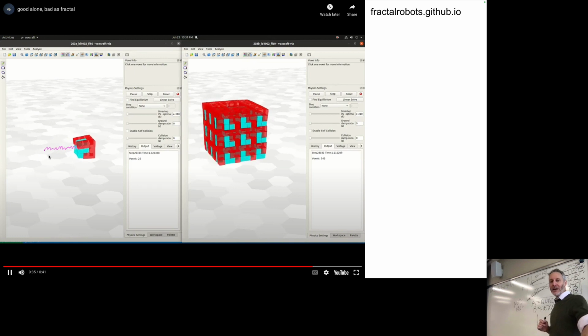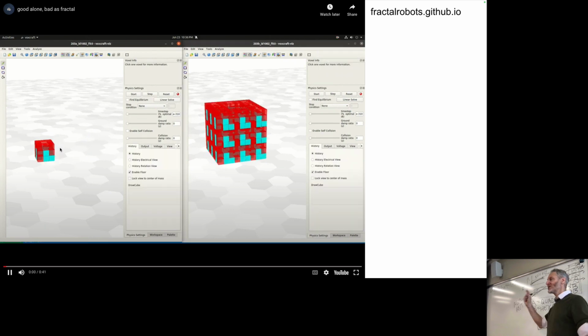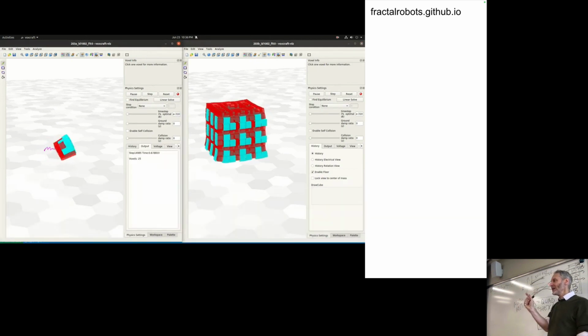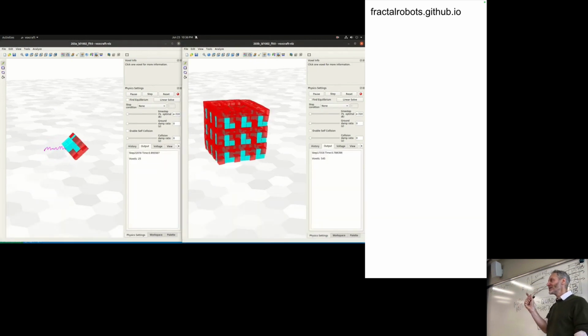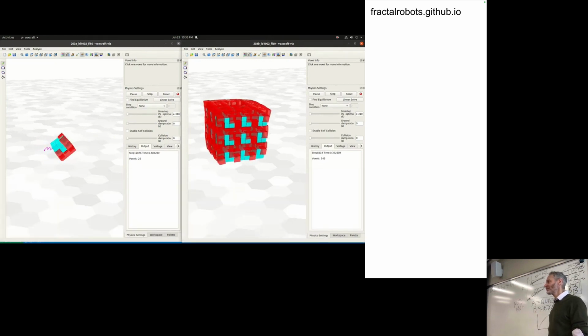But we evaluated each genotype twice. The genotype is a CPPN that produced this phenotype. We measure the fitness of this phenotype of this robot. Then we take the same CPPN, the same genotype, allow it to rebuild this structure, but put that structure together in the same way.